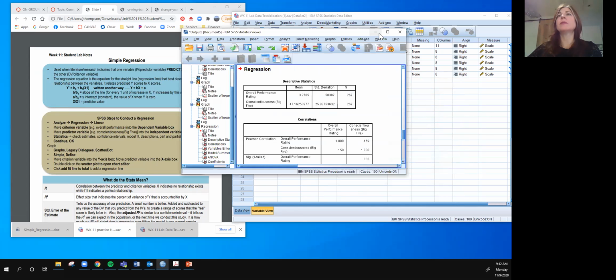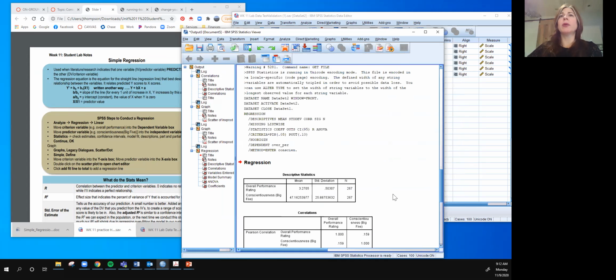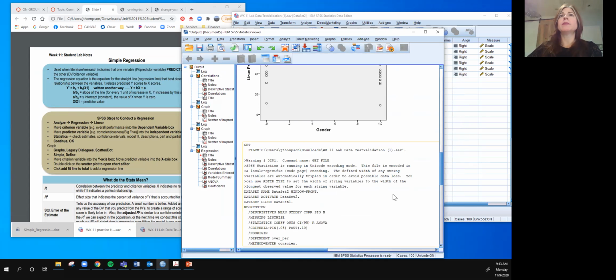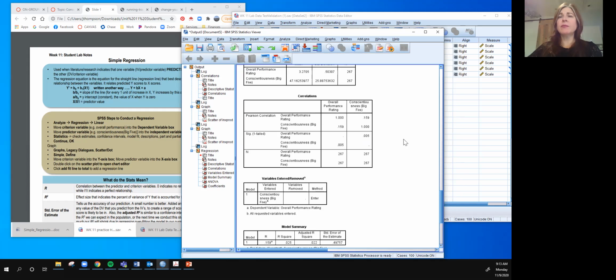Now, here is our output. So first it gives us the mean and the standard deviation. It's also going to give us a correlation matrix, which here is going to be the same.